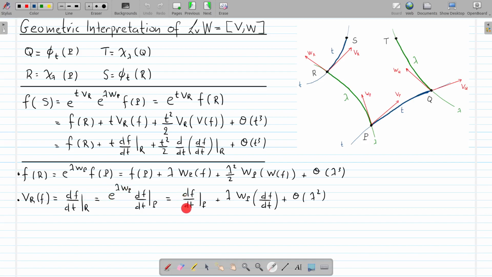So we can have an expansion in series starting with the value of the derivative at the point P, then W_P acting on df/dt plus terms of order lambda squared and higher, which we don't need because this is multiplied by t. So the first term here is the action of V_P on f, and this term here is the action of W_P on the function V of f.